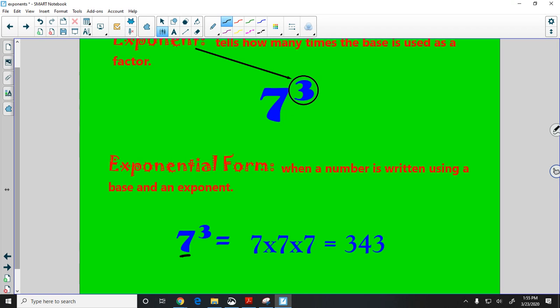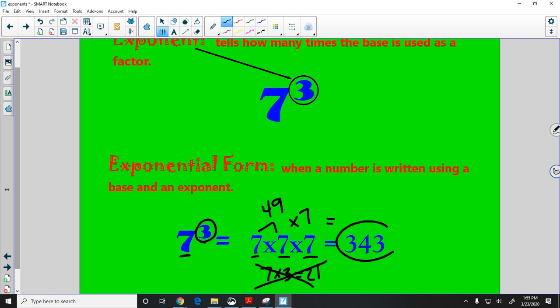Your base was 7 and to the 3rd power, so you're going to write 7 3 times, multiplied 3 times. Notice, it's not 7 times 3. 7 times 3 is 21. That's not what we're doing here. We're doing 7 times 7, which is 49, times 7, which gives us 343.